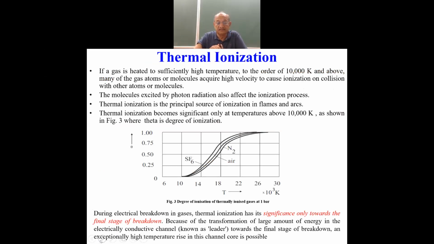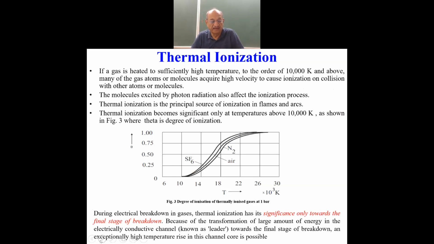This was the impact ionization we discussed. Now we would talk about thermal ionization. What is thermal ionization? Thermal ionization also takes place if a gas is heated to a sufficiently high temperature, of the order of 10,000 Kelvin and above. Many of the gas atoms or molecules acquire high velocity to cause ionization on collision with other atoms or molecules.